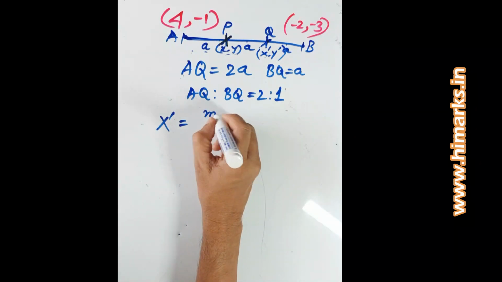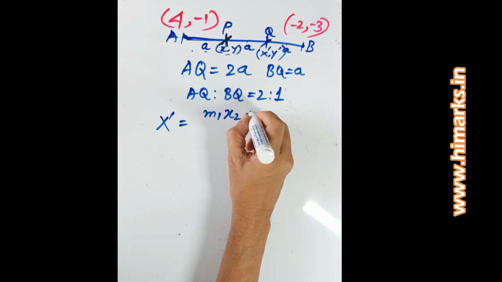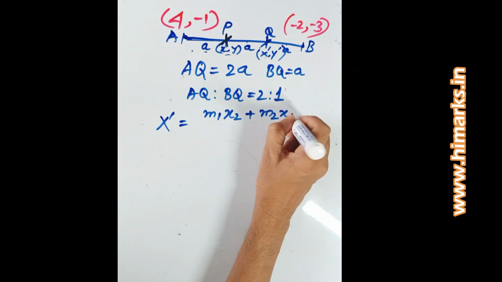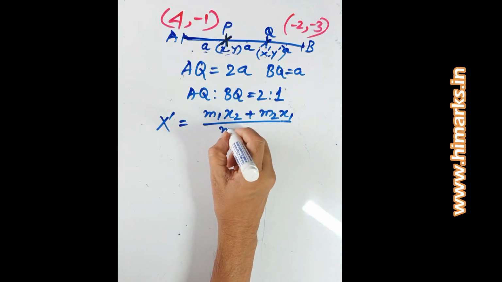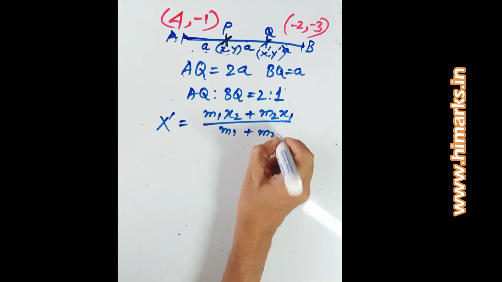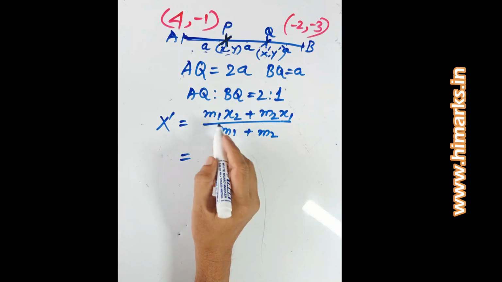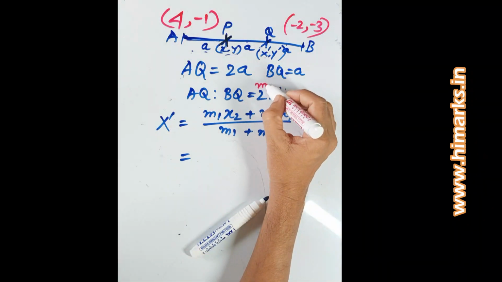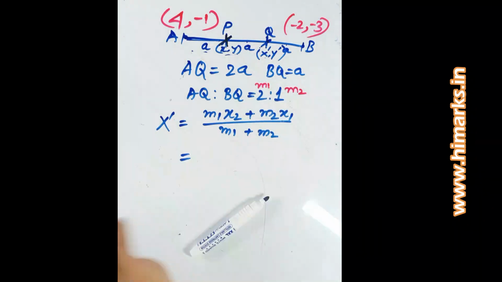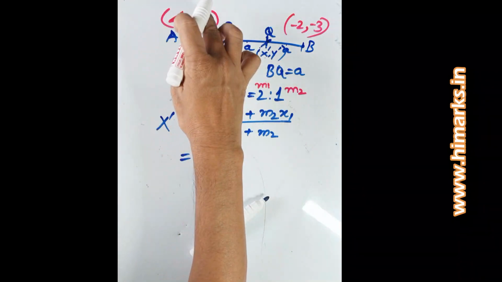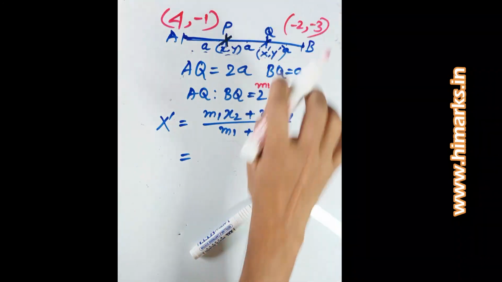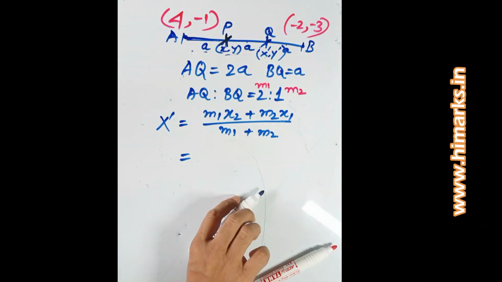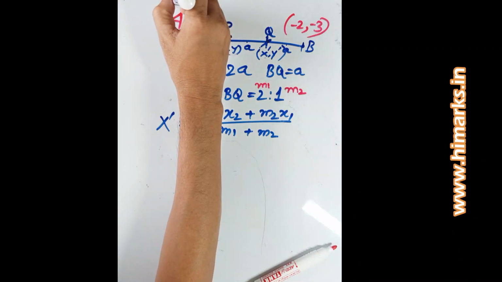Let's write the formula first. m1 x2 plus m2 x1 by m1 plus m2. So here in this case, this is m1 and this is m2. x1, y1, x2, y2 remain the same.